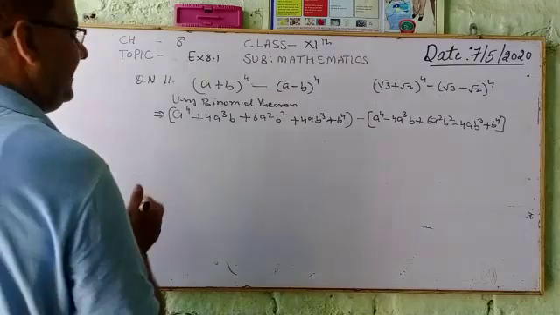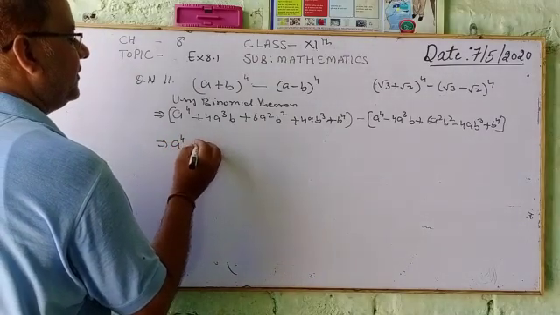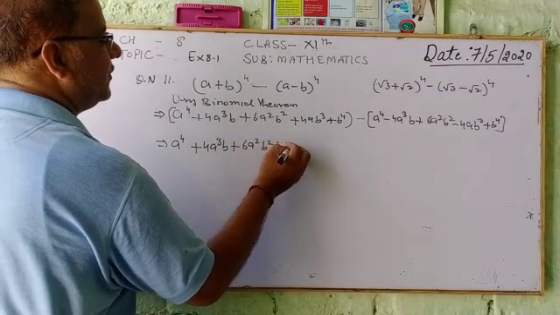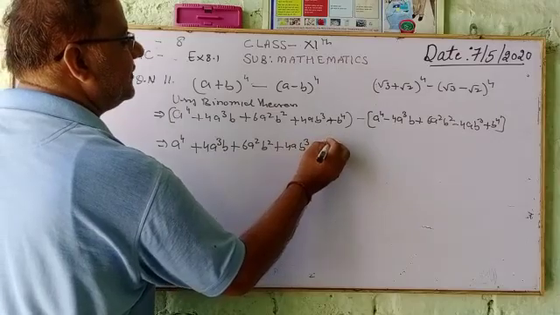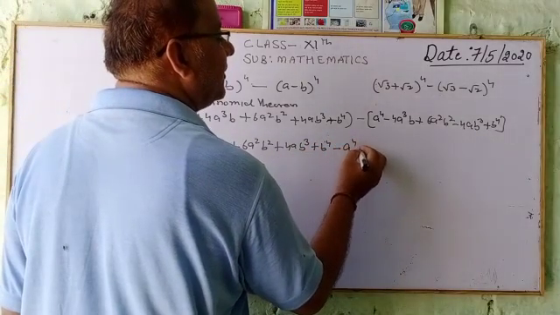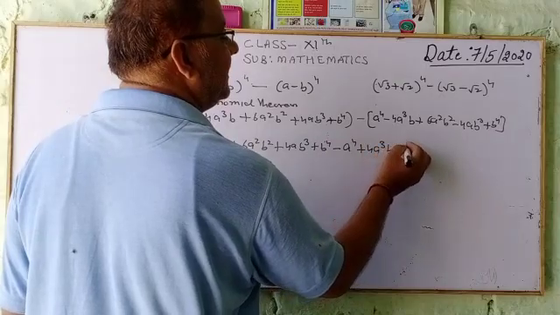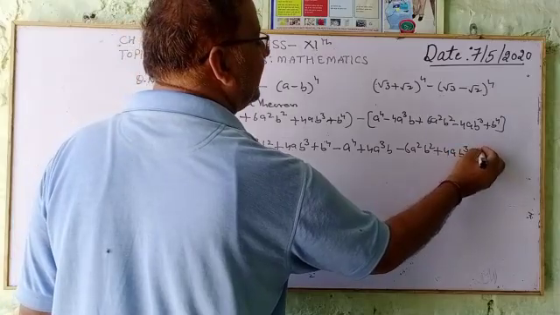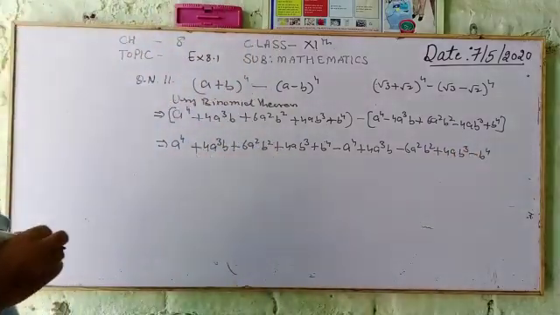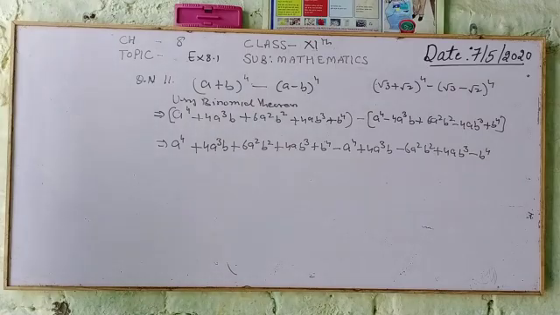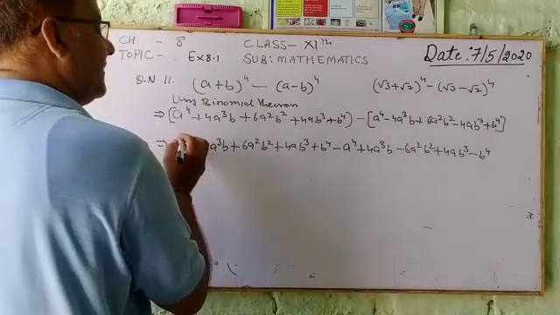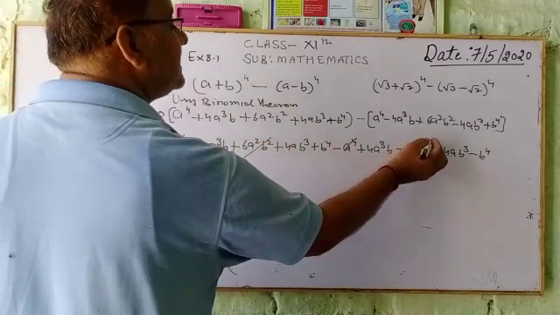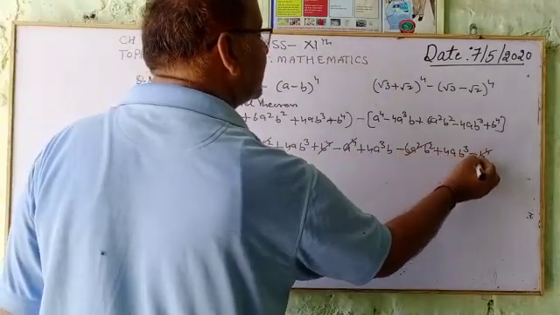We change the sign of the second expansion: minus a raised to power 4 plus 4a cubed b minus 6a squared b squared plus 4ab cubed minus b raised to power 4. So we cancel: a raised to power 4 cancels out, 6a squared b squared also cancels out, and b raised to power 4 also cancels out.